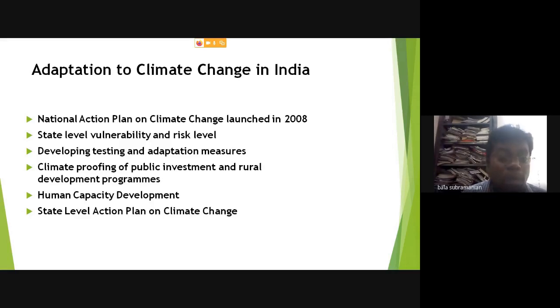As I said earlier, without actually assessing the economic impact, they want to implement the adaptation strategy. So the first step, we have to assess the economic impact of climate change in various sectors, agriculture, etc. Another implication is climate proofing of public investment and rural development programs.